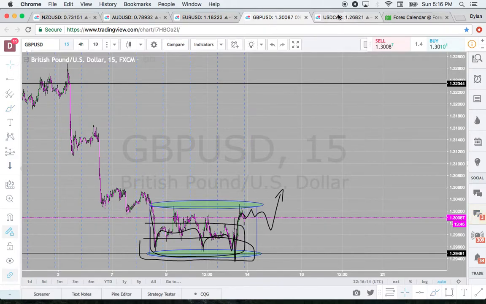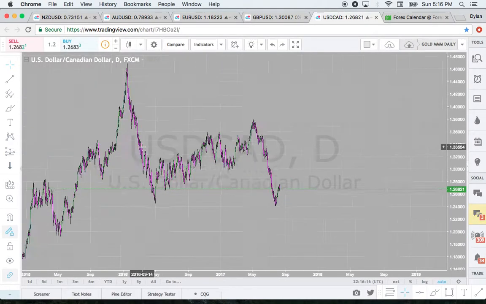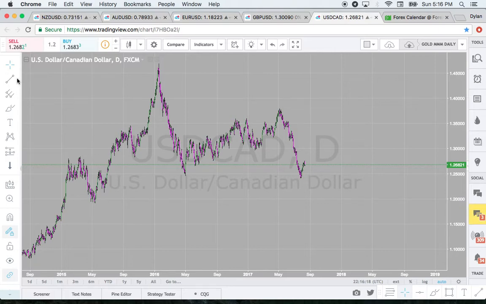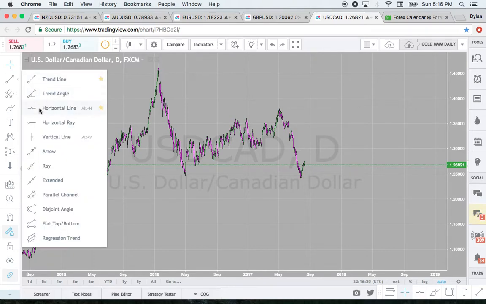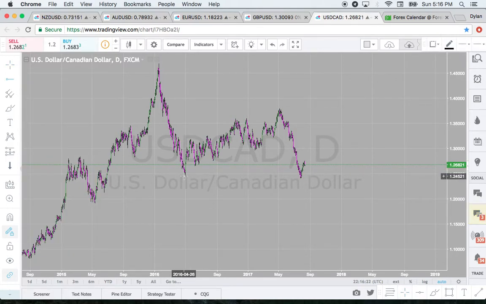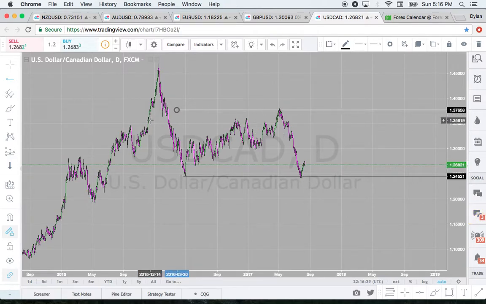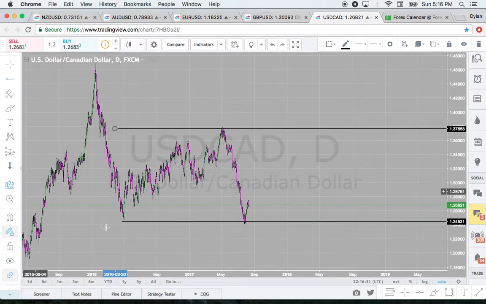Alright, let's move on to USD CAD. USD CAD is interesting because we can see price in a very large price range. Just consolidating in this range. Well, not really consolidating. I mean, it broke.